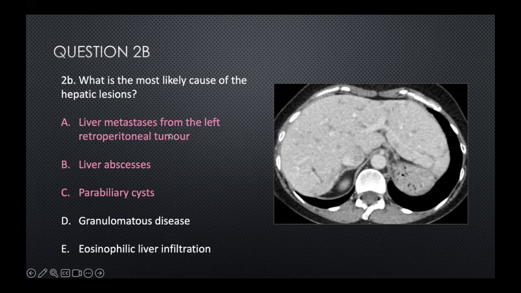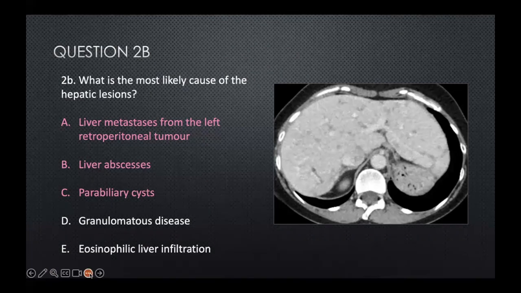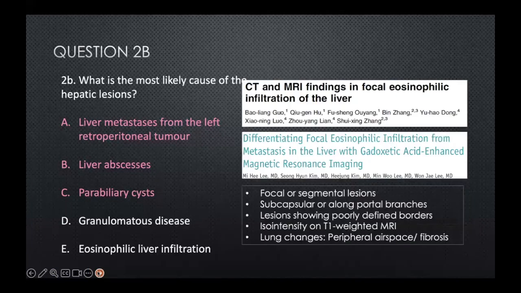Metastases from sarcomas are typically lytic, for example. With liver abscess, the patient often will have different symptoms like fever and being generally unwell. Parabiliary cysts are typically more well defined. That leaves us with granulomatous disease and eosinophilic liver infiltration.